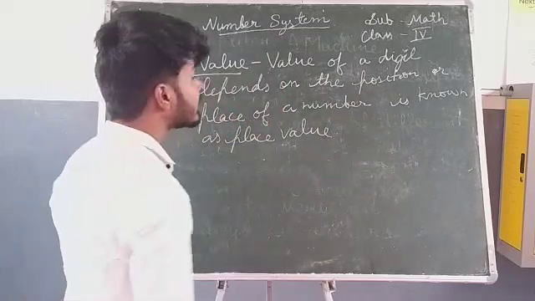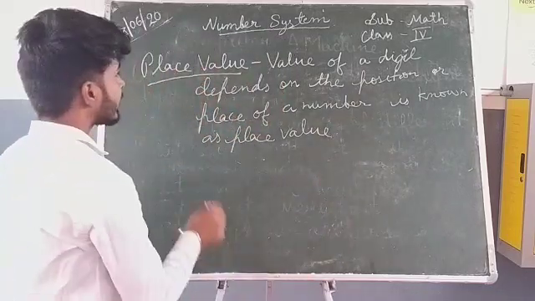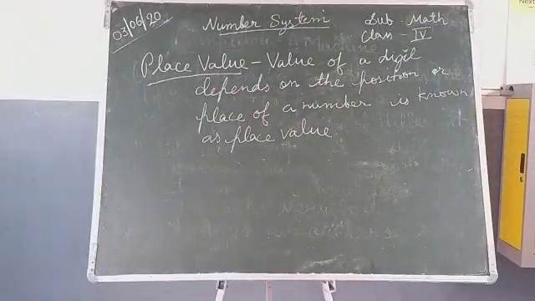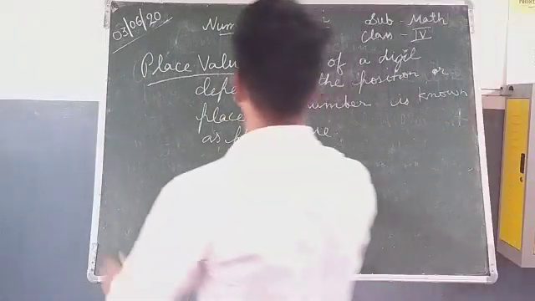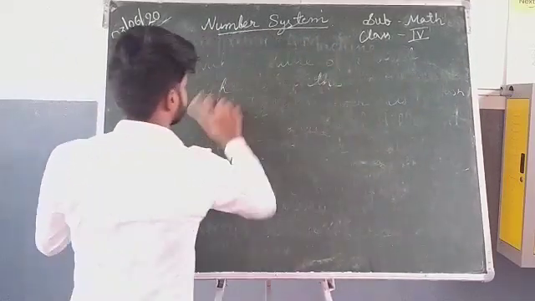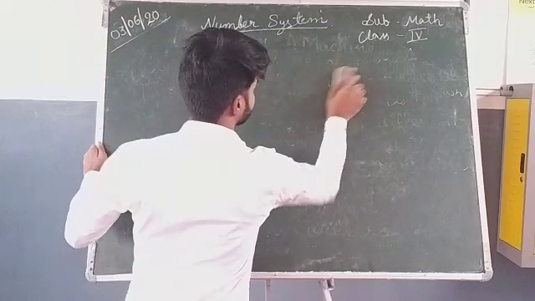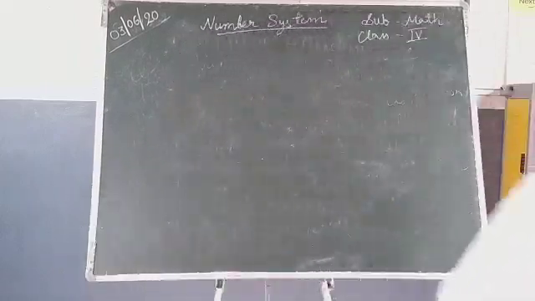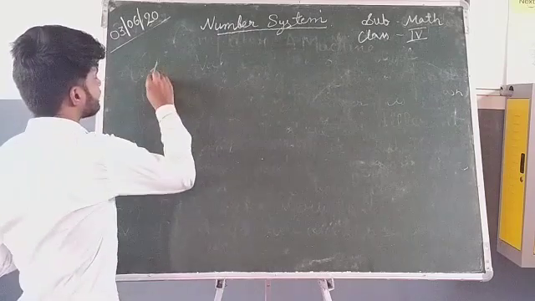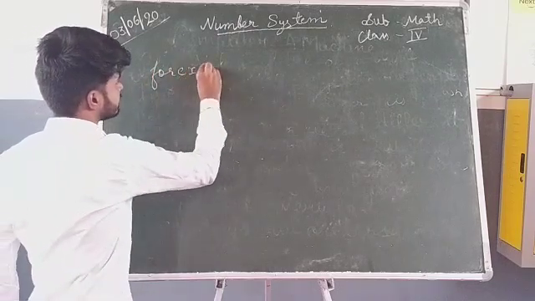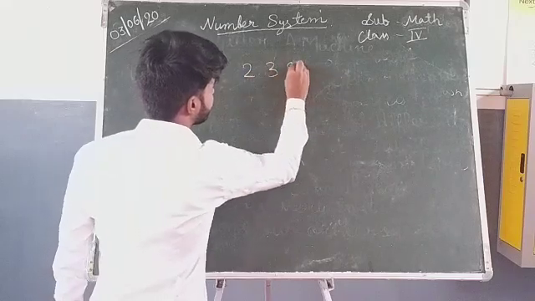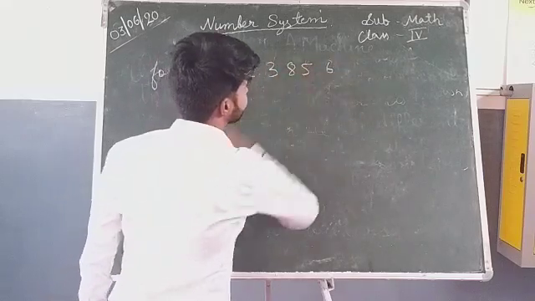For knowing this, we will take an example and we will know what are the position and place of a number. Suppose, for example, it is a number 2, 3, 8, 5, 6.